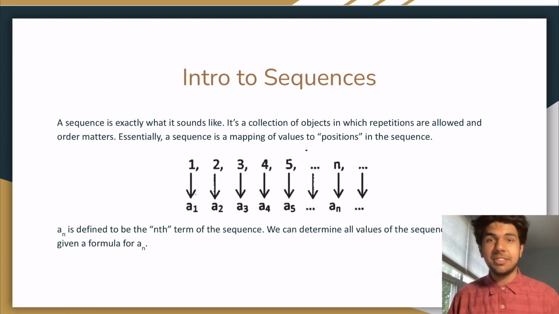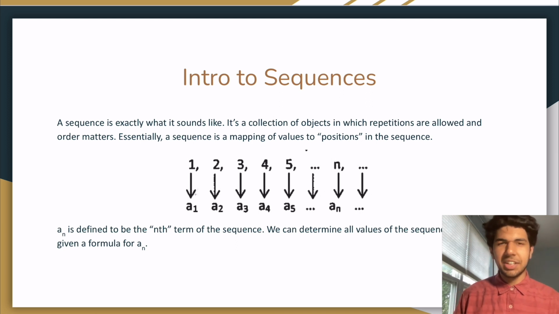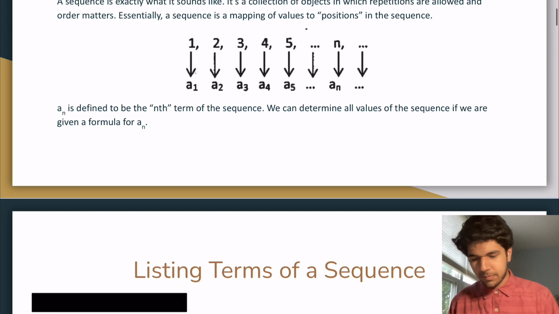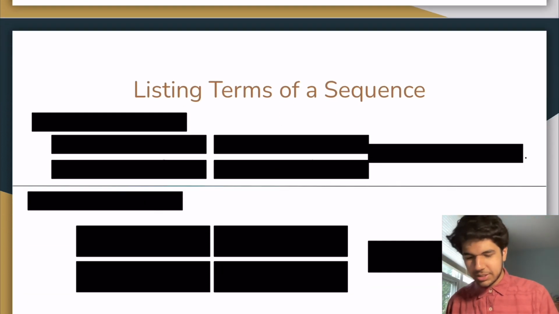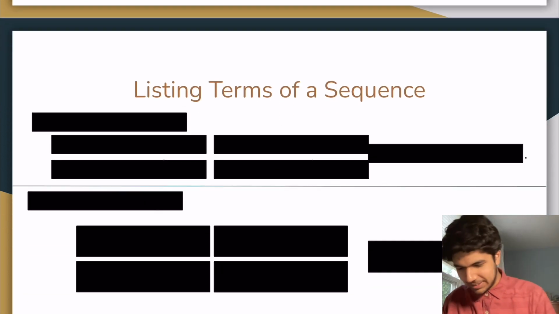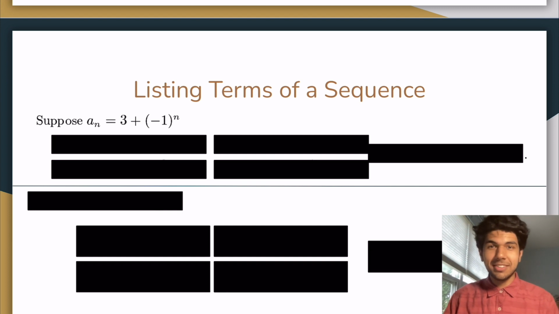So now that we kind of understand what a sequence is, let's take a look at a couple of example sequences. So here we go. We're going to start by listing terms of a sequence. So suppose we're given this formula, a sub n equals 3 plus negative 1 to the n. We want to figure out what this sequence actually is. We have a nice little formula, but it's sometimes helpful to list out the terms.